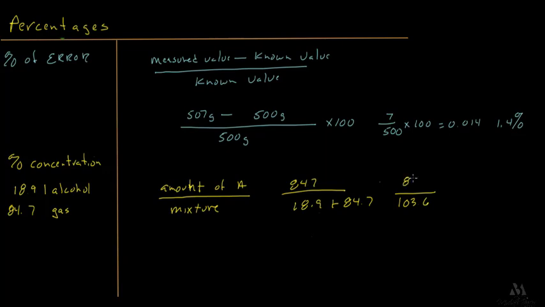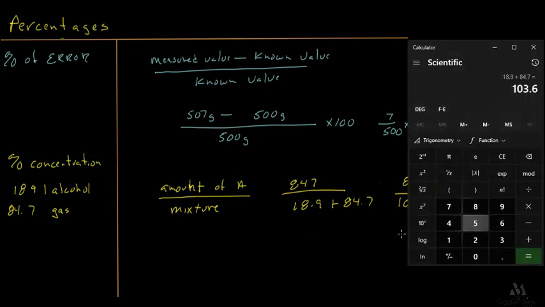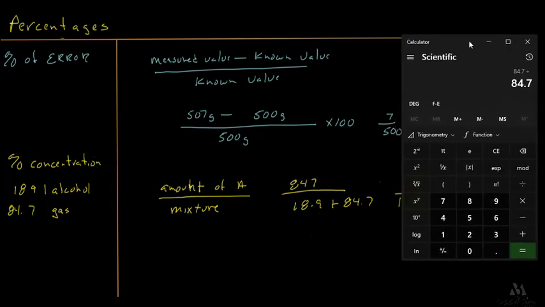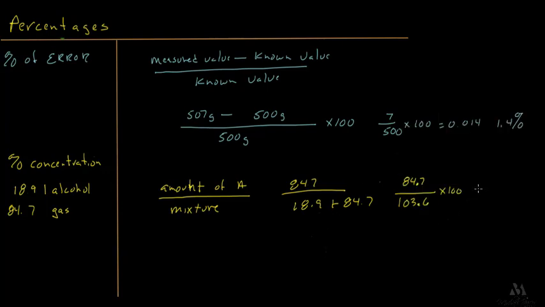And we've got 84.7 up here. This is going to give us a decimal number, so we're going to have to take it times 100. So 84.7 divided by 103.6 is going to give us 0.8175. 0.8175 times 100, and we multiply that out, we are going to end up with 81.75%.